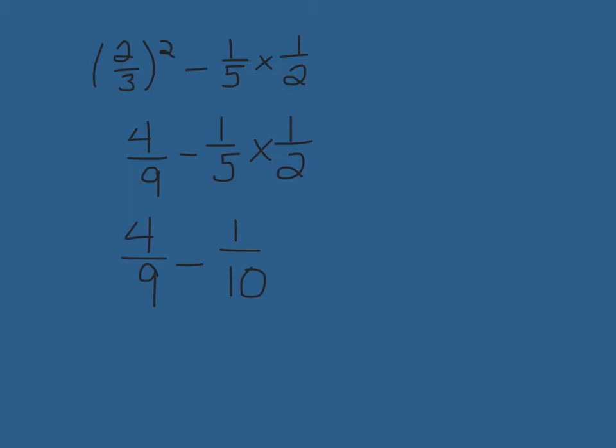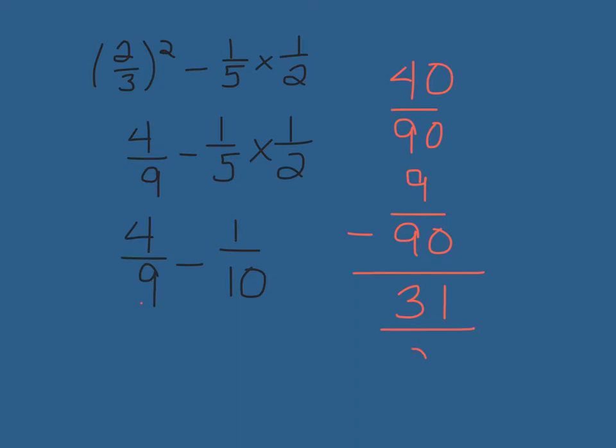I know 90 works, so I'm going to use 90. 9 times 10 gave me 90, so I need to multiply 4 times 10, which would be 40. Then 1 times 9. 40 minus 9 equals 31, and I bring my denominator down over 90. So the final answer is 31/90.